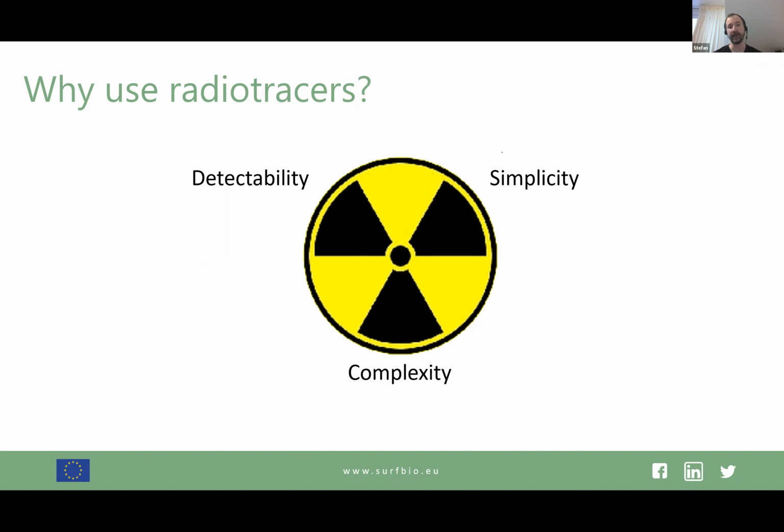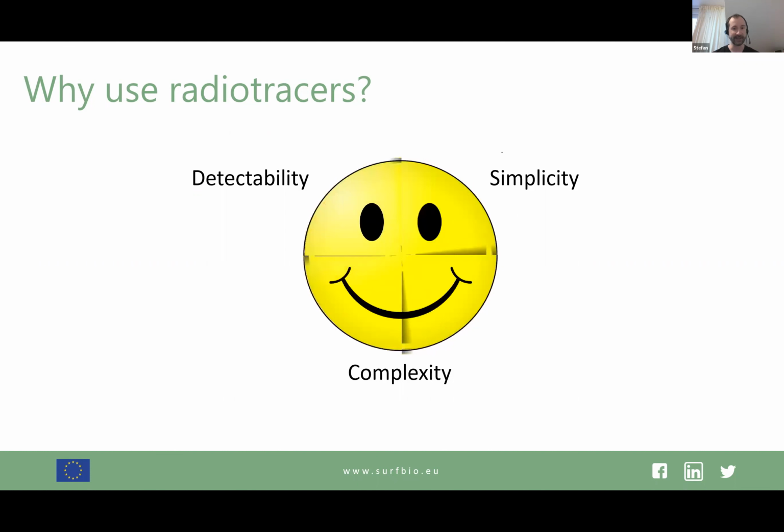You have biomaterials, geomaterials that are highly complex in their composition. For any other method, you need to take that into account. You probably need very complicated sample preparations, while with radiation detection, you can basically just measure your sample and that's it. These are the main reasons why you should use radio tracers.